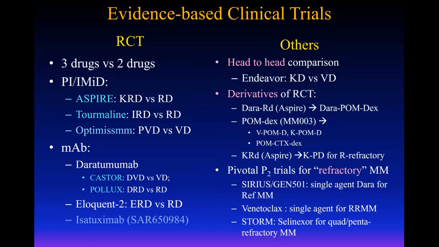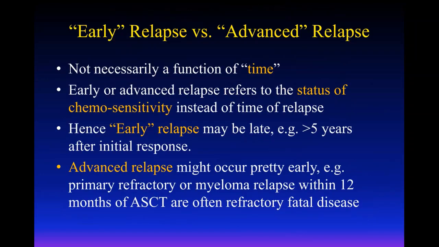So at this point, I would like to define what is an early and advanced relapse. We talk about early and advanced relapse very much, but to me, this is not necessarily a function of time. Early relapse, I believe, should be defined by the status of chemosensitivity instead of time of relapse.